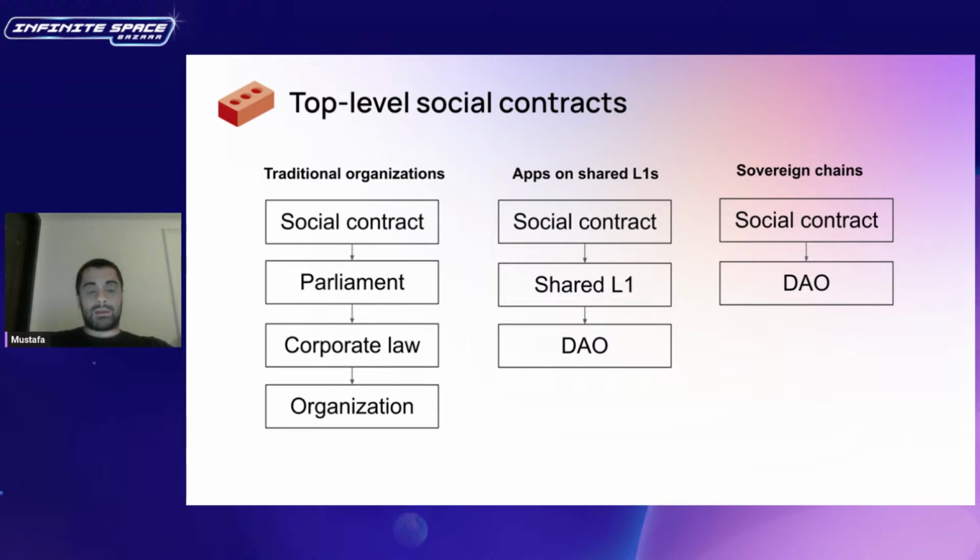Random people on the internet can get together and agree on certain values or a certain goal, and then create a community computer for that goal and embed certain values into it. And assuming that computer is sufficiently decentralized and distributed, there is no one above that chain, and there is no one above that social contract. That's a very powerful thing that blockchains, layer ones and sovereign chains fundamentally enable.